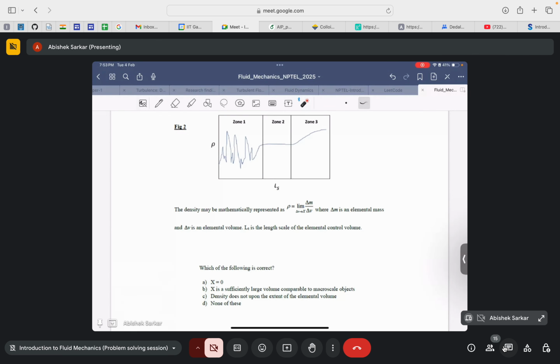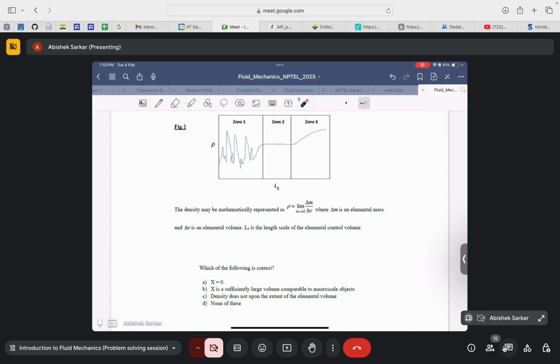Why? Because if I go back to the discussions, let me just go back to save everyone's time. Hope the screen is visible. So here, while defining density, we said that this delta V ideally should approximate to delta V star, where V star is a volume that we have characterized using the mean free path of the fluid molecule.